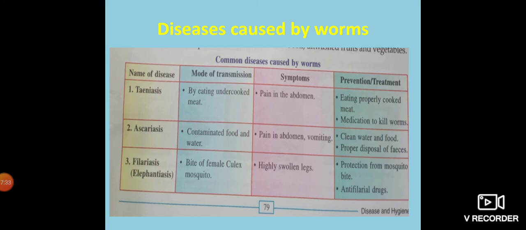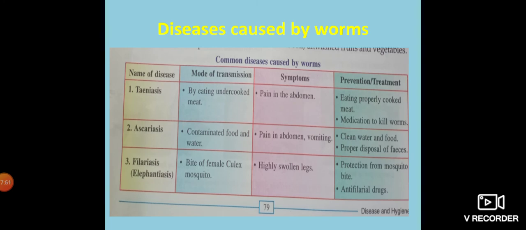So the prevention of Teniasis is eating properly cooked meat, and treatment is medication to kill the worms.